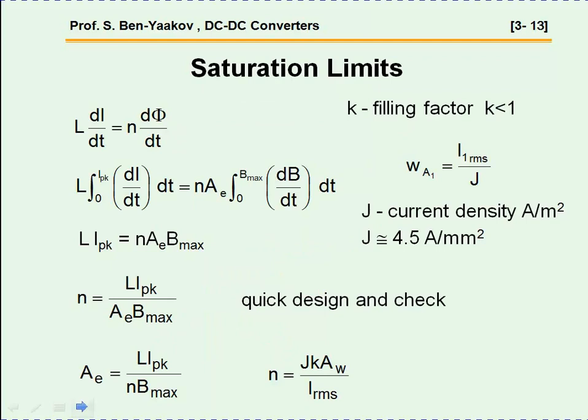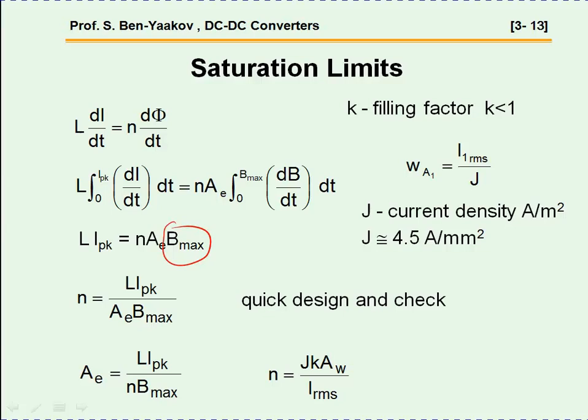So how do we approach the problem of design? We start with the requirement of saturation limit. We set up the B maximum that we allow. That is, we don't want to go beyond it.